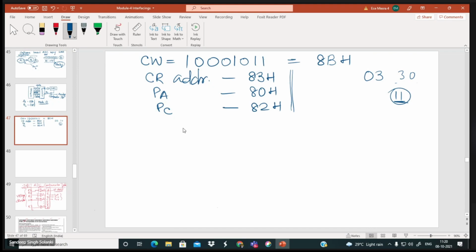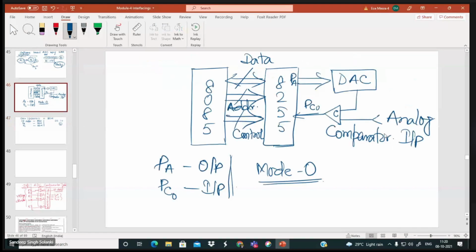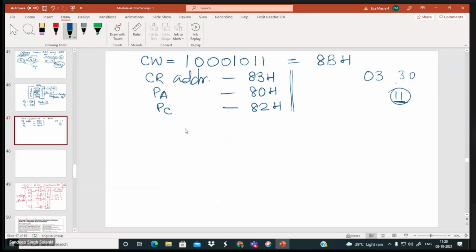Yes, sir. Okay. Now, what is our target? Our target is to convert analog input which is arriving at our port into digital. That is our aim. So you have to have a register in which this converted output you will be keeping.